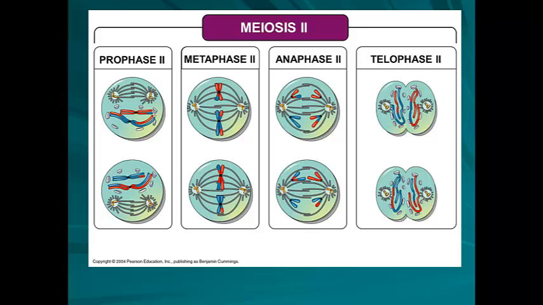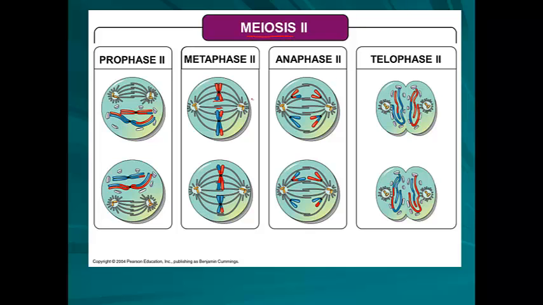The real meat here is metaphase 2. In metaphase 2, these sister chromatids are lining up end to end, just like in metaphase in mitosis. And that should make sense, because if you think about what we want to make in meiosis, we want to make haploid gametes.